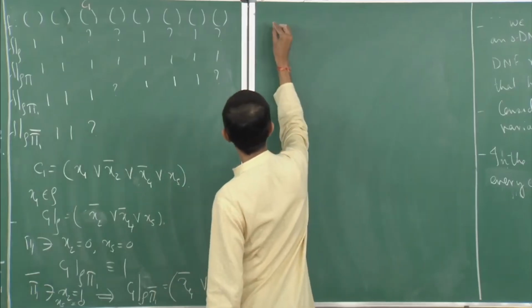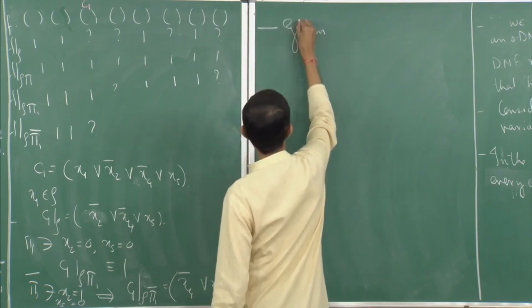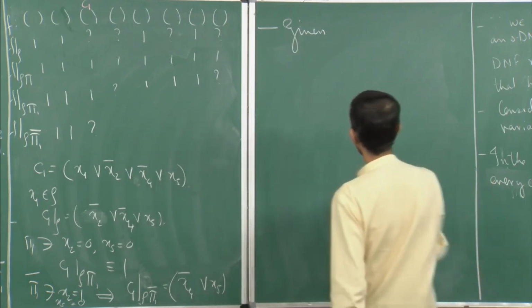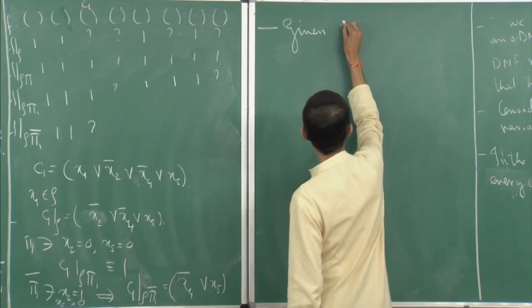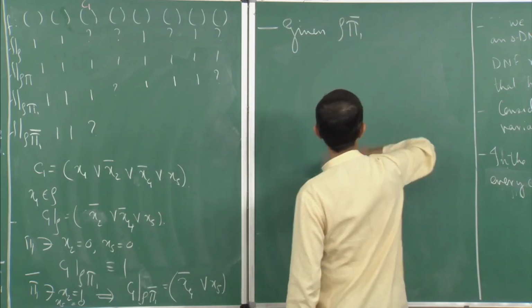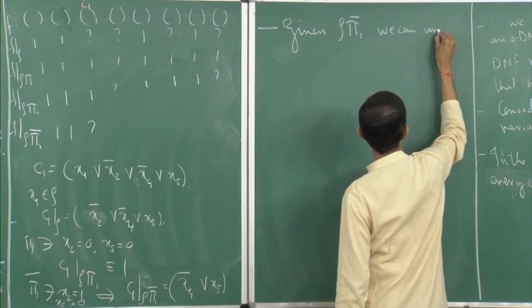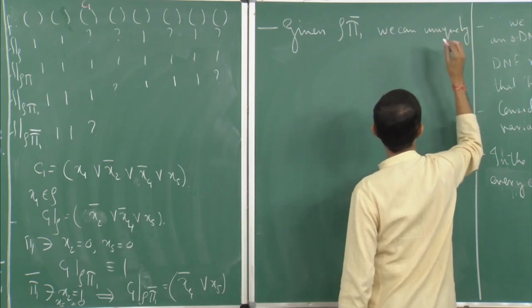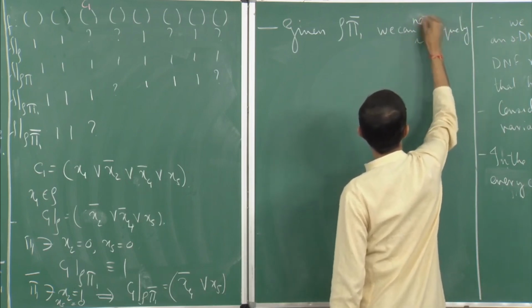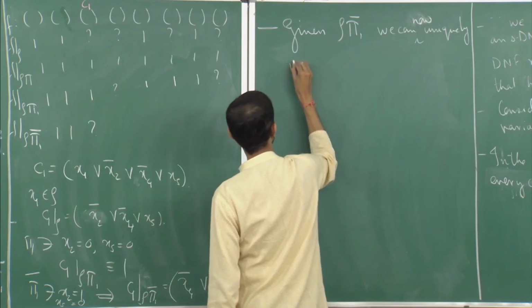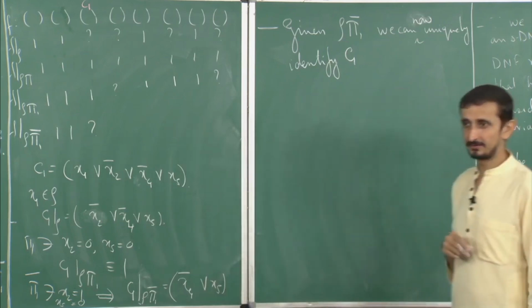Now, given rho pi 1 bar, we can uniquely identify C1.